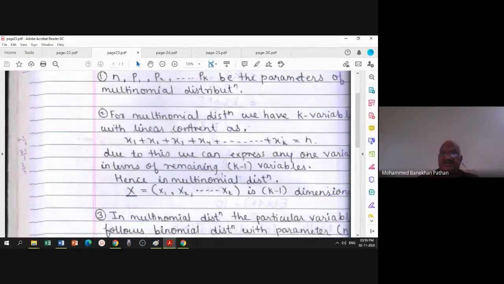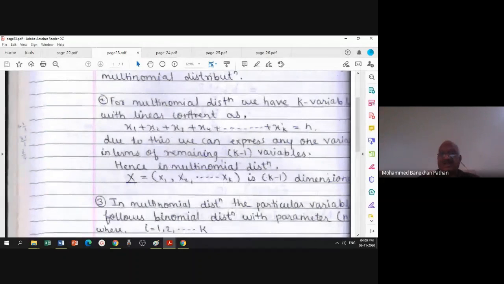The spelling is wrong; it is constraint or condition. What is the constraint? Just now I told in the definition: the addition of all these k values taken by k variables should be small n.